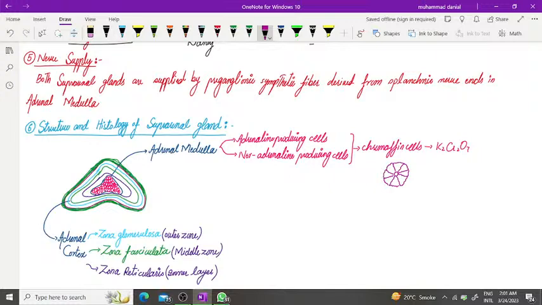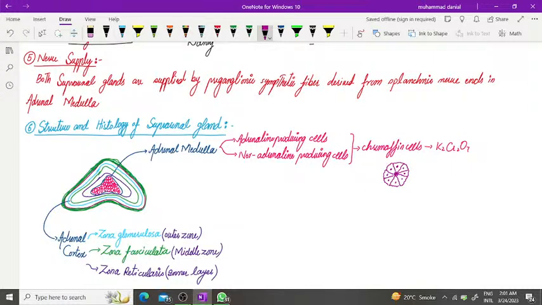So this cell looks like this shape. This is the histology of chromaffin cells.